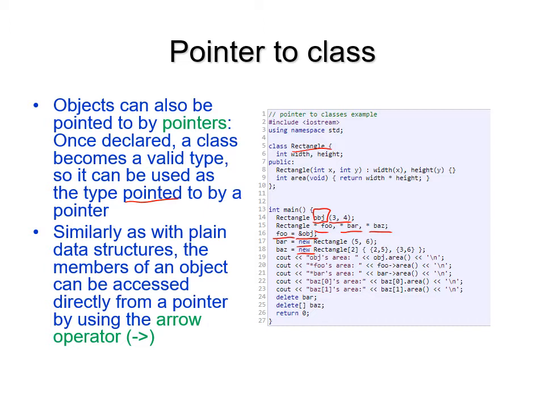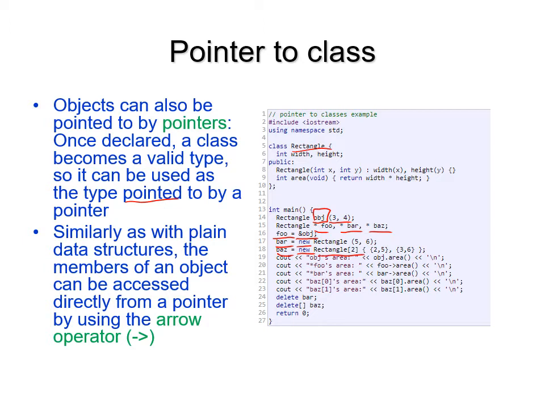Okay, so as a result, you can see we have 3 pointers to use. The first one is pointing to an ordinary object. For the second one, you are using dynamic memory allocation to declare a new object. For the final one, you declare a rectangle object array.